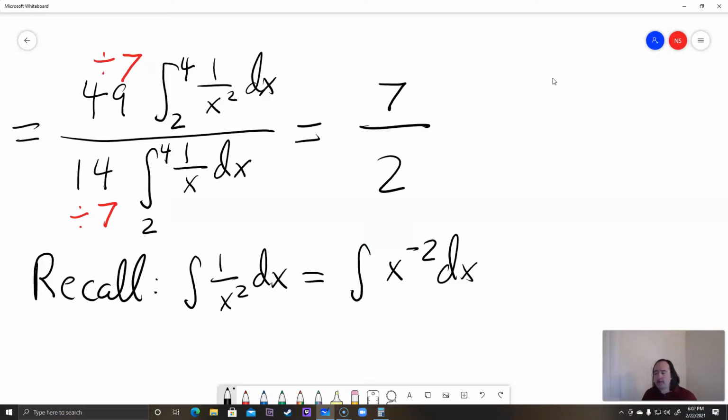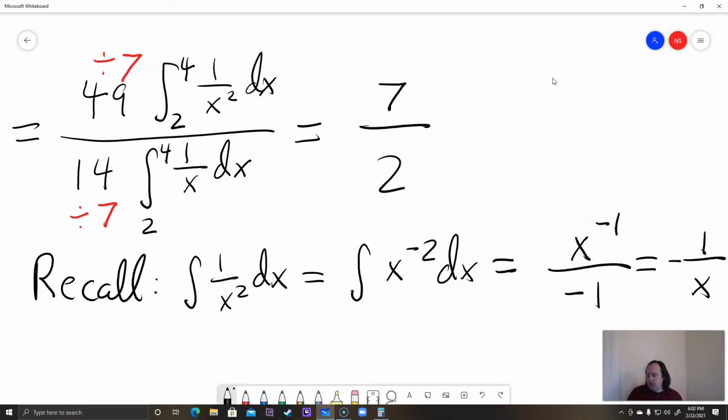You add 1 to the exponent and then you divide by the new exponent. So that gives you x to the negative 1 divided by negative 1. And if we move our negative exponent back to the denominator, we end up with negative 1 over x.